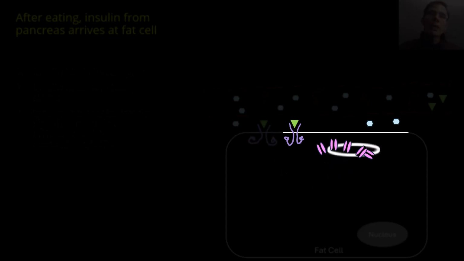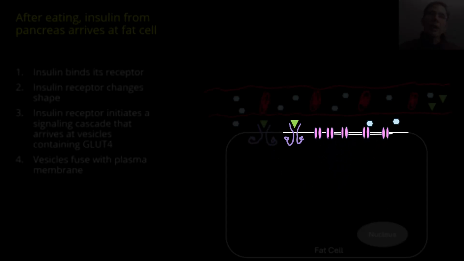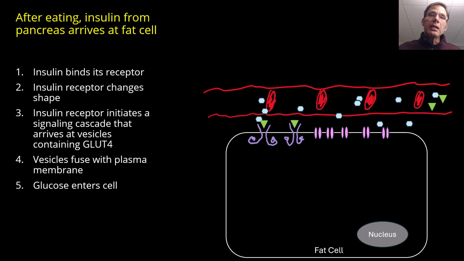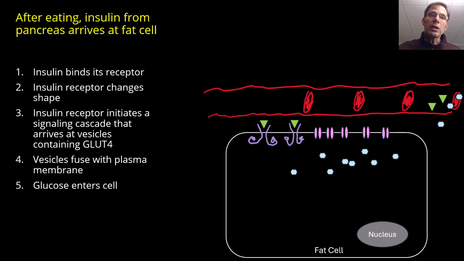Then those vesicles fuse with the plasma membrane of the effector cells, in this case, the fat cell. At that point, glucose can enter the glucose transporters, those GLUT4 transporters that have been inserted into the plasma membrane. So blood glucose falls and homeostasis is restored.